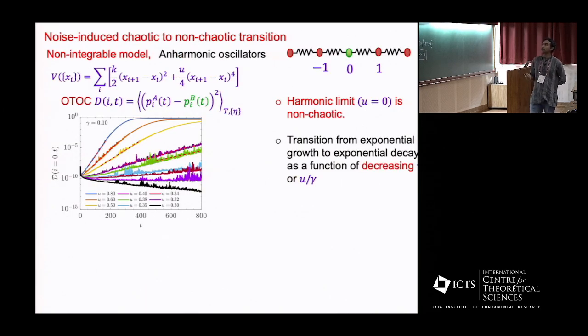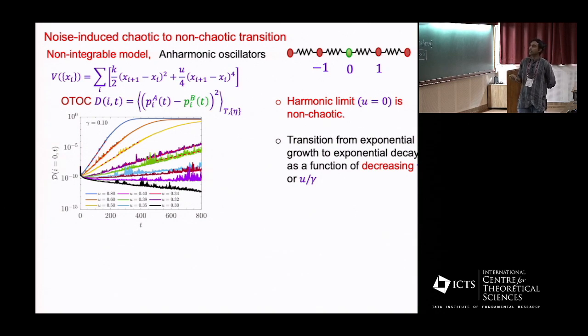What I am looking at is this classical OTOC, with the protocol I described, and what I am showing here is the OTOC at the site where you have given the perturbation, for a fixed noise strength as a function of interaction u. You can also fix u and study it as a function of gamma, with the same results.